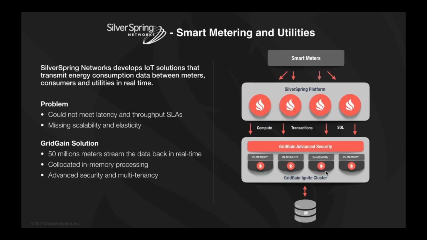If we talk about Silver Spring Networks, usually the use case sounds this way. This company deployed more than 50 million meters worldwide, and all these meters stream the data back to the Silver Spring platform that is built on top of an Apache Ignite cluster or GridGain cluster. They use an enterprise version of Apache Ignite deployed in production because they were required to have some security guarantees.